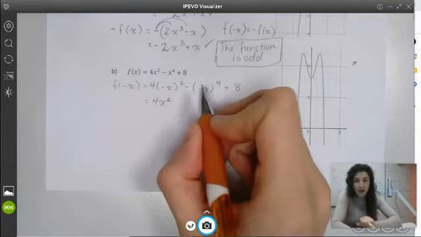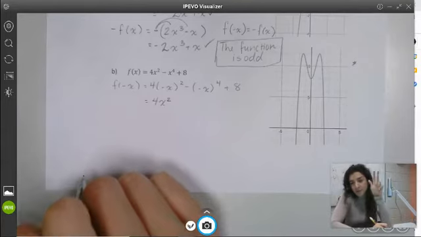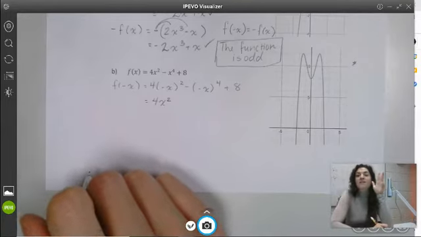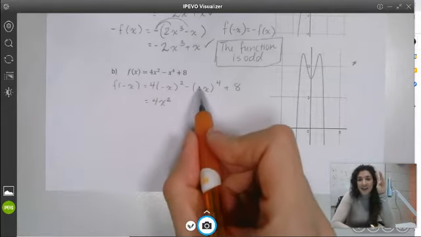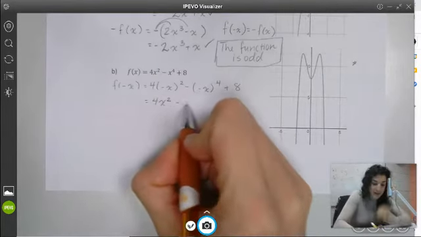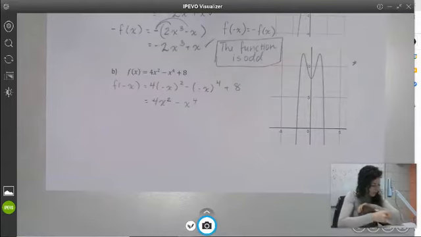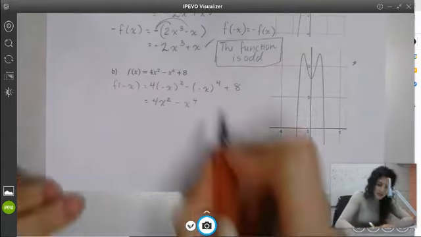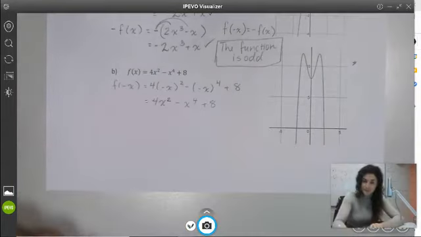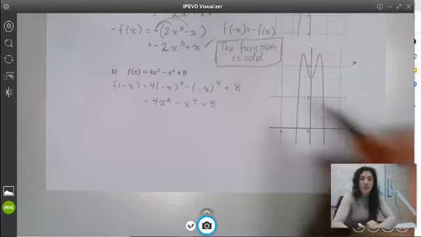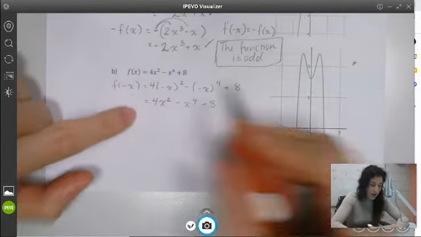Then this to the 4th power, negative 1 times negative 1 is positive 1, times negative 1 is negative 1, times negative 1 is positive 1. So that negative goes away, and we're just left with minus x to the 4th power. And then that 8 just hangs out. Okay, we can go ahead and compare now what we've gotten.